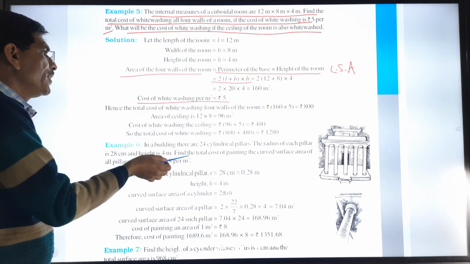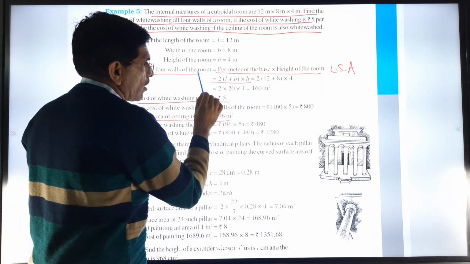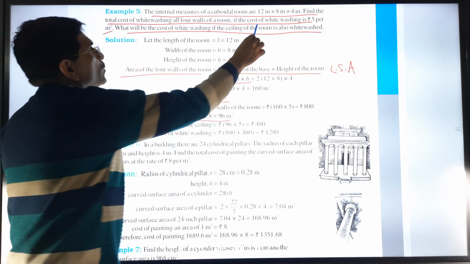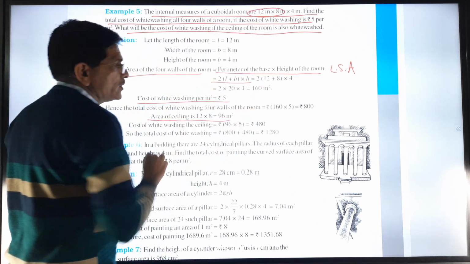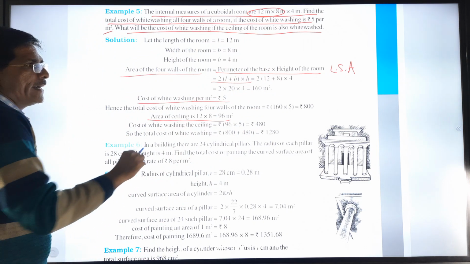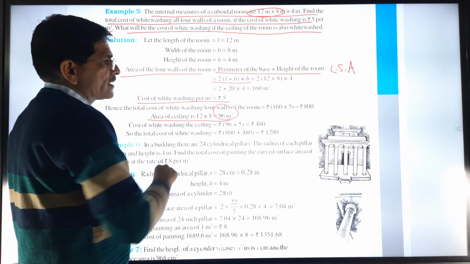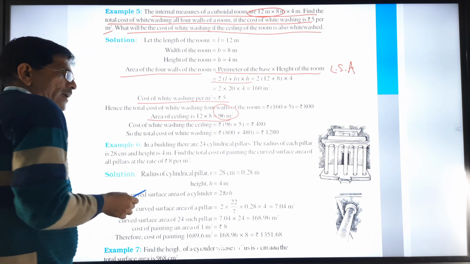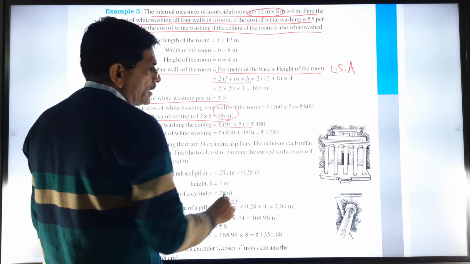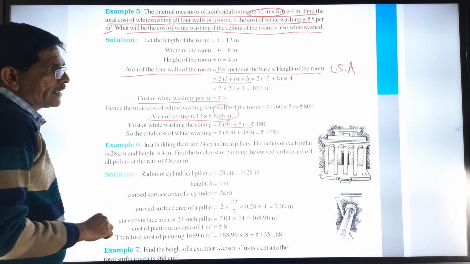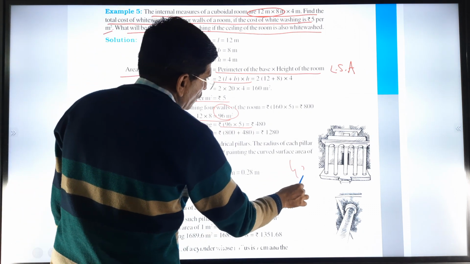Now what will be the cost of whitewashing the ceiling of the room? If you see the ceiling, its area is of a rectangle, length into breadth. So length into breadth, that is 12 into 8, 96. Again the costing, if I want to find out, then I multiply by 5, then 480. So 480 is the ceiling cost.